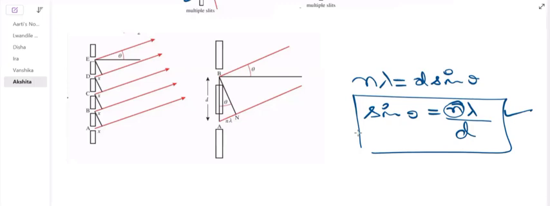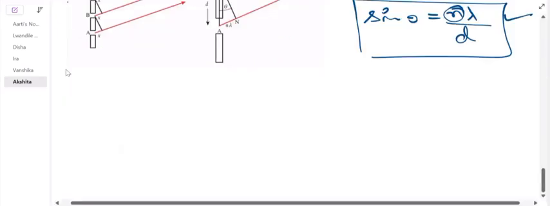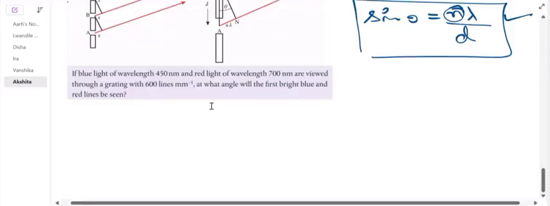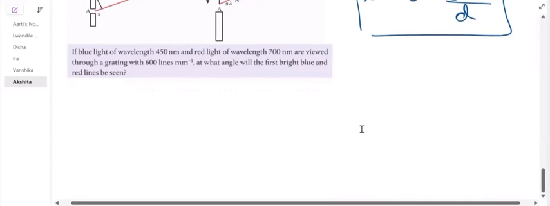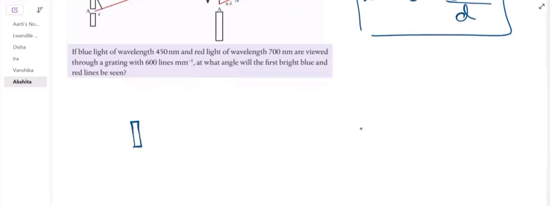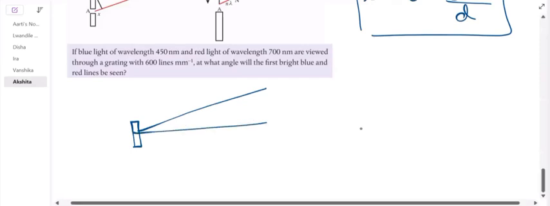Now after this, let's do one question. I'll give you one question and I'll solve that. Check here. Suppose this is the question: if blue light of wavelength 450 nanometer and red light of wavelength 700 nanometer are viewed. Let's take one particular slit. From here, I am just drawing the two lines, red and blue.